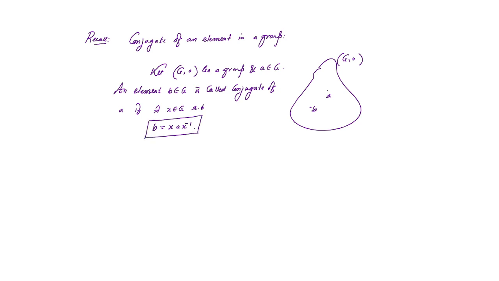If this relation holds, then the element B is called a conjugate of A. And the important remark is, if B is a conjugate of an element A in a group G, then the order of B must be equal to the order of A. So this remark is very much important.